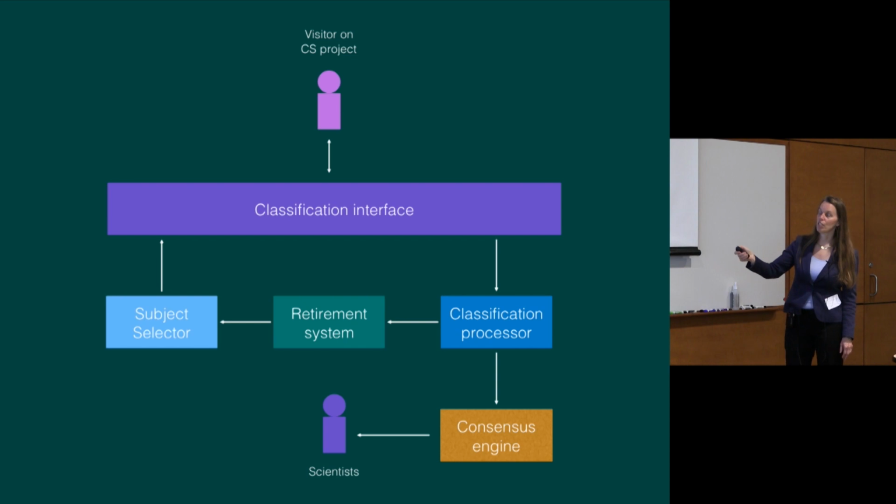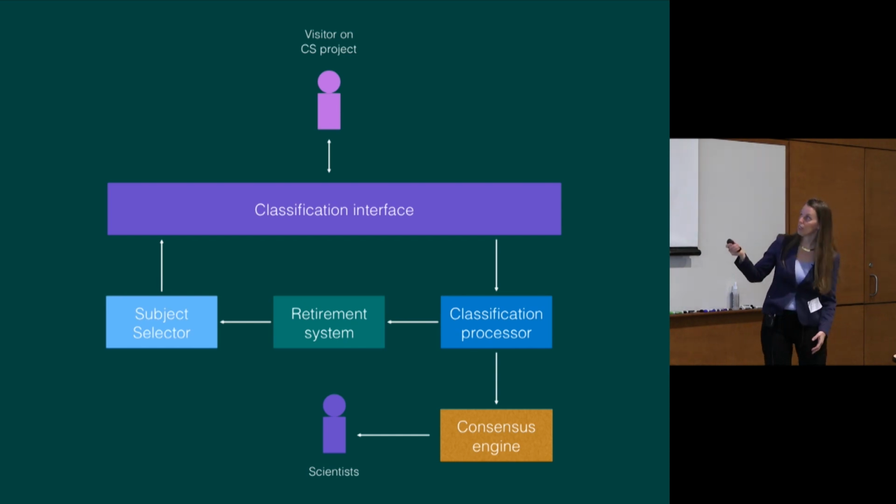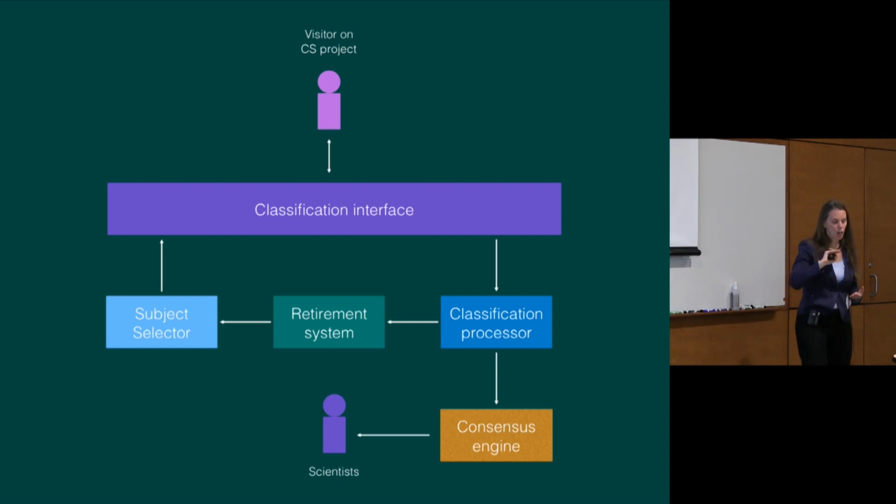That classification processor can then count, and pass it to a retirement system. That retirement system, in the simplest cases, is hard-coded to say something like, we believe, the science team believes, that if we get 10 classifications on this particular image, we can say that image is finished because we have, for whatever reason, we believe that to be true because we've done some research ahead of time.